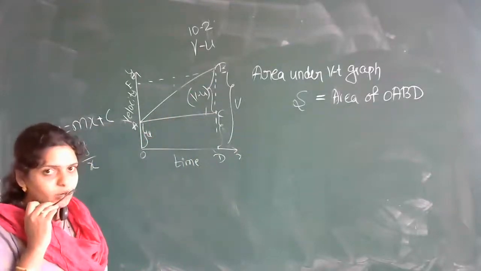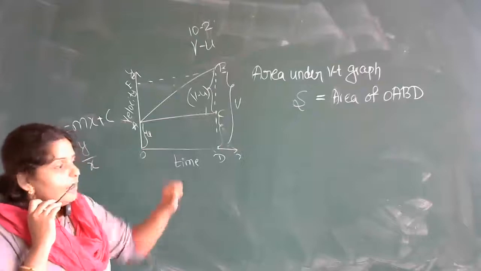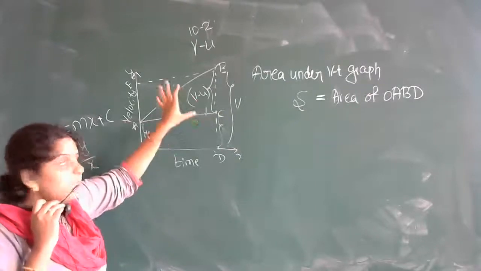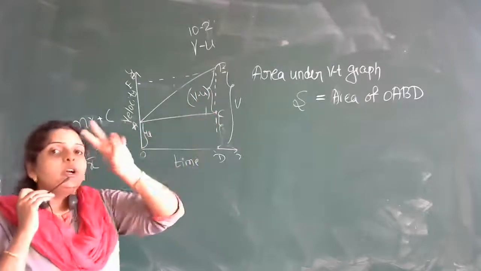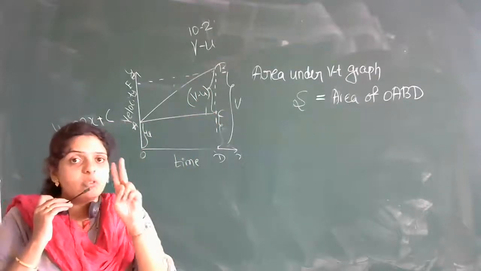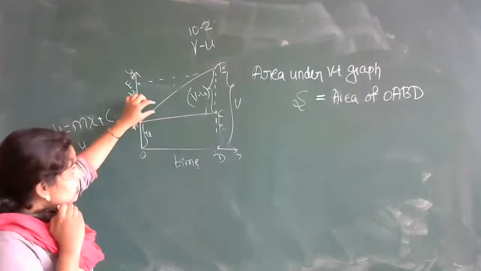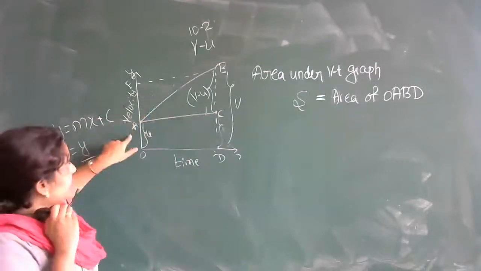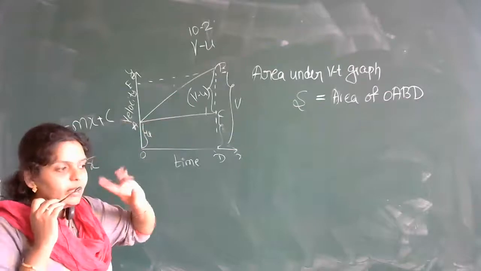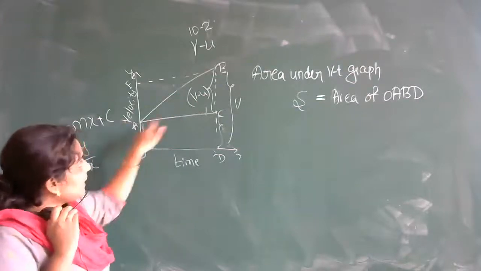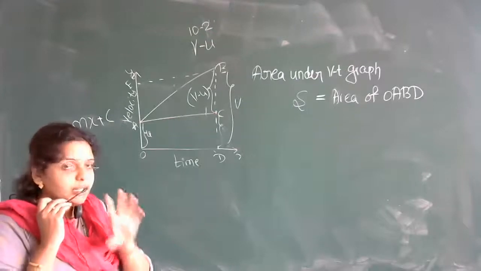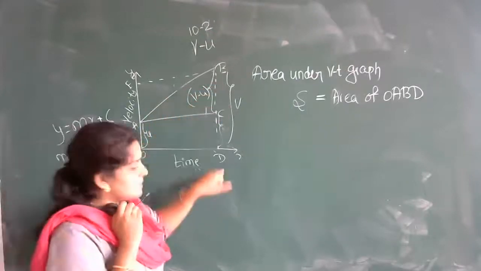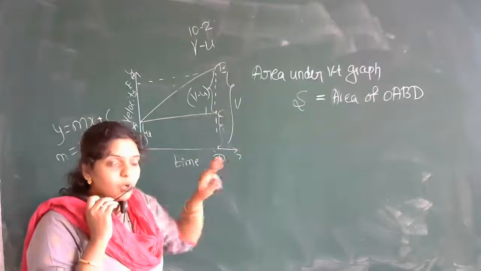But if you see the graph here, OABD consists of two diagrams.